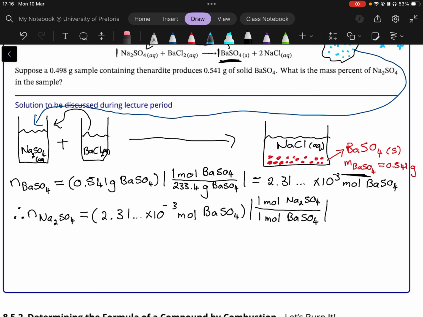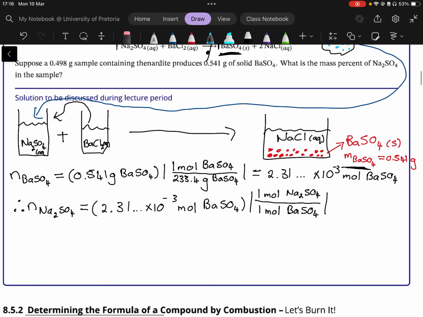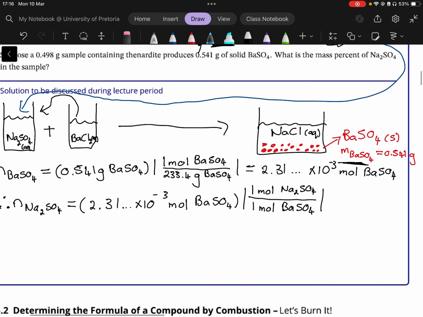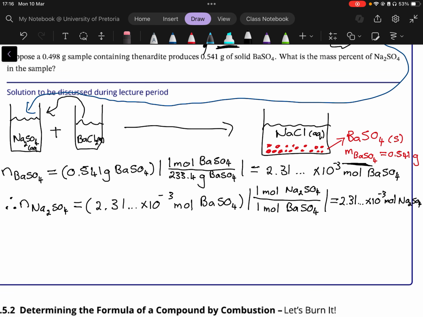From the reaction equation, like I said, it's 1-to-1, so that's a divide sign. That's how you can interpret that. So it's the same: 2.31 times 10 to the negative 3 mole sodium sulfate, Na2SO4. Now we know how many moles of sodium sulfate there are.